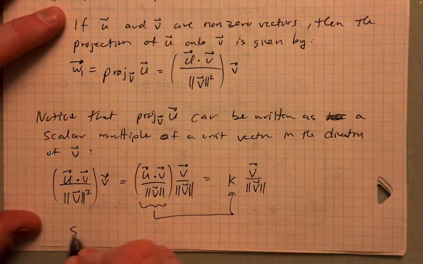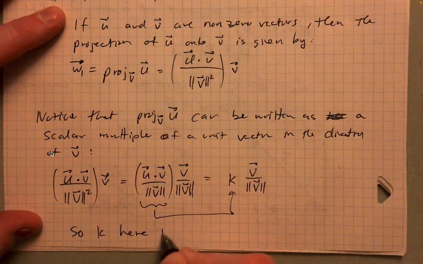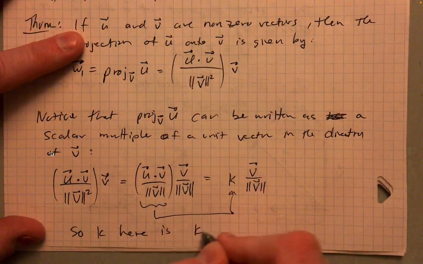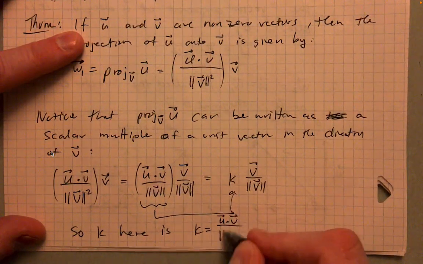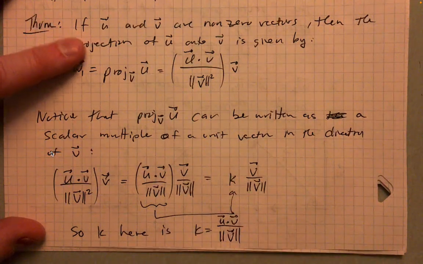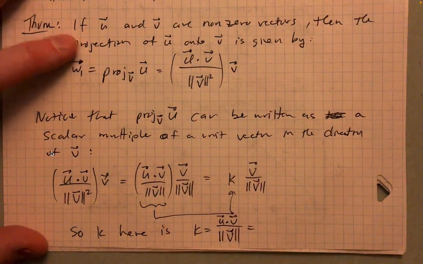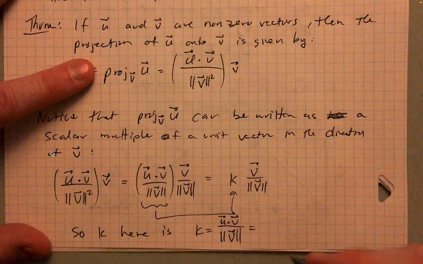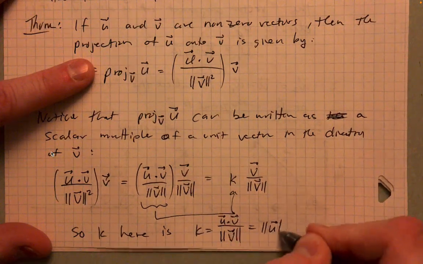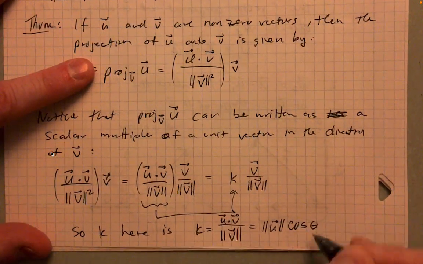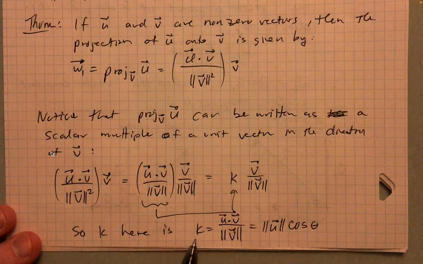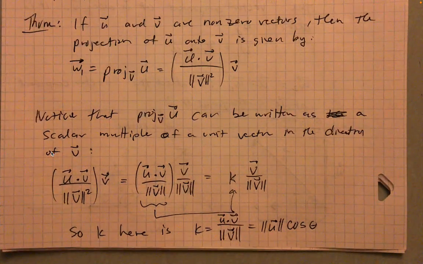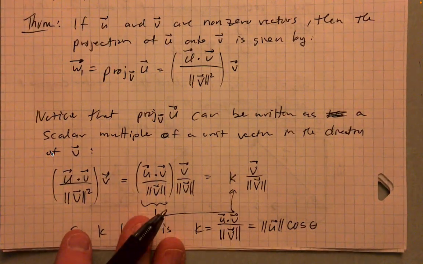And so K here is U dot V divided by the norm of V. Okay, which we saw previously is just the norm of U times cosine of theta.